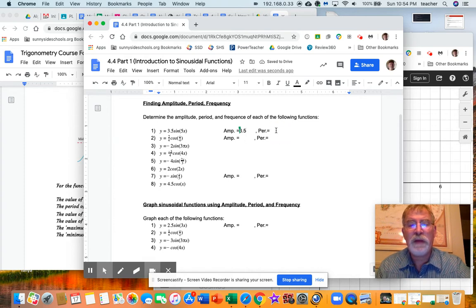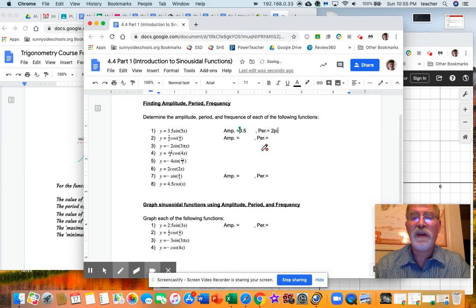And the period, not quite so straightforward. The period isn't 5. You don't just copy the B for the period. The period is 2 pi divided by 5.